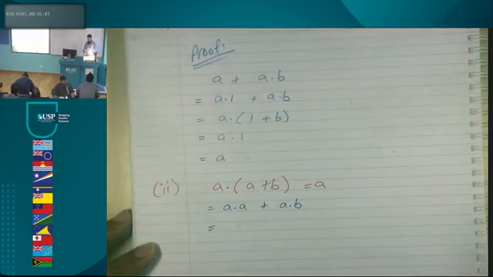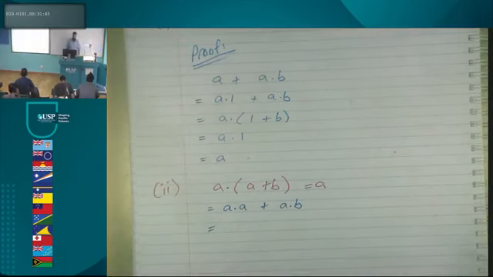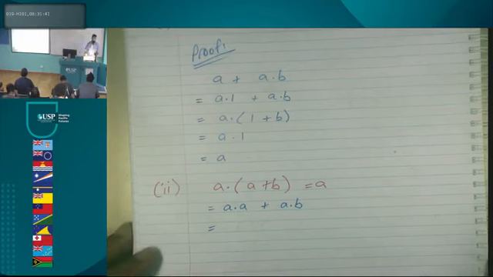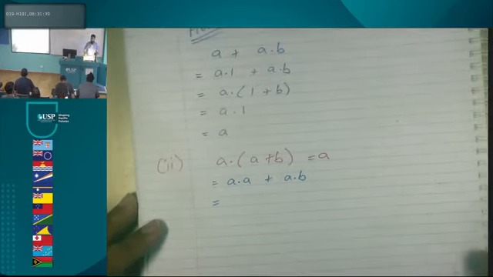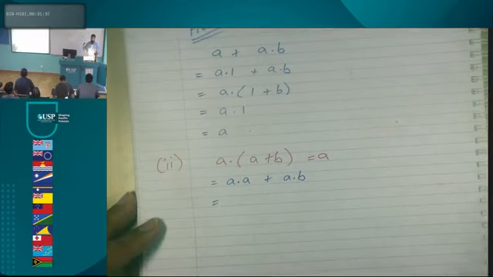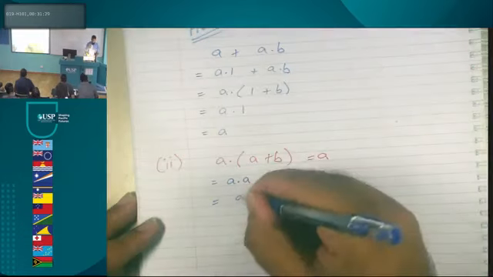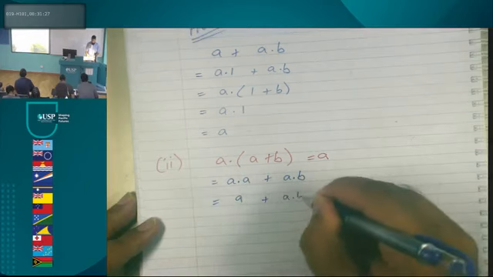Okay? Now what do we have for A and A? A and A will be what? Anything ANDed with itself. Which one are we looking at? Idempotency, theorem number 6. Anything ANDed with itself will give you the same. Right?